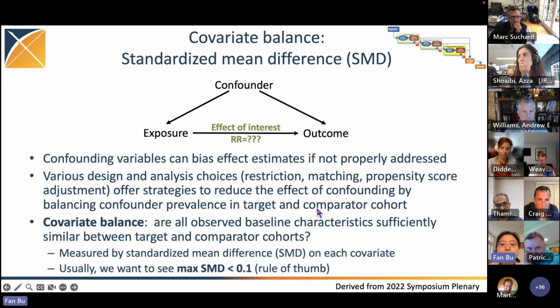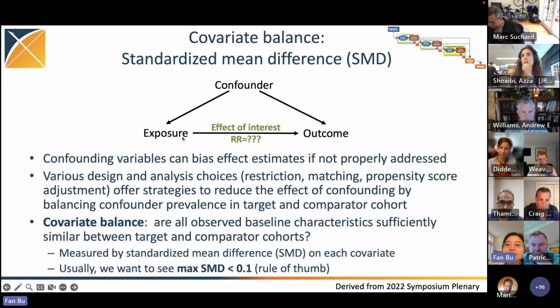Now, the third thing we care about is covariate balance. Essentially, we want to ensure that the covariates, the baseline characteristics, are balanced out between the target cohort and the comparator cohort after we have implemented certain strategies to reduce the effect of confounders.